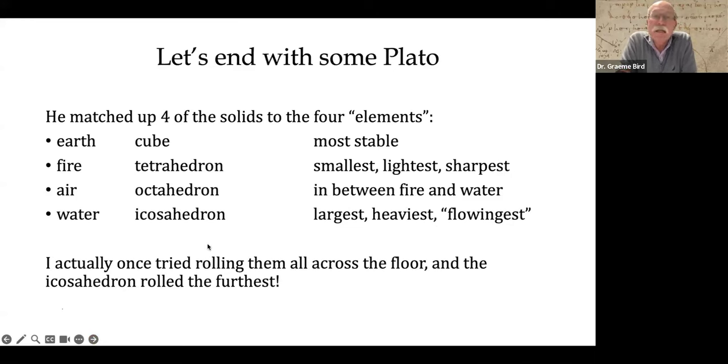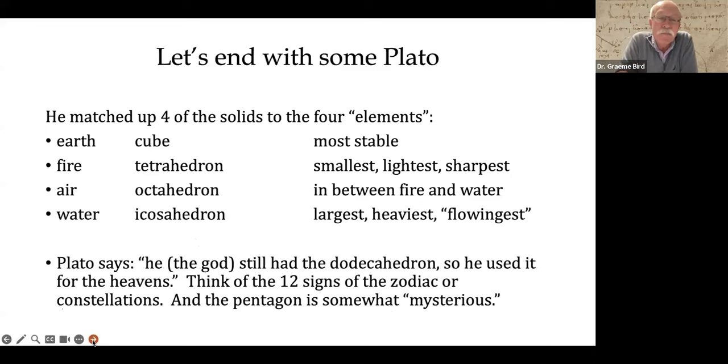But Sophia was nervous: did Plato forget the dodecahedron, or did he not know about it? That would be embarrassing if Plato didn't know about one of the Platonic solids. So here we go. Actually, this is my last slide. Wow. Okay. Plato actually says the god still had the dodecahedron. It was still one remaining.